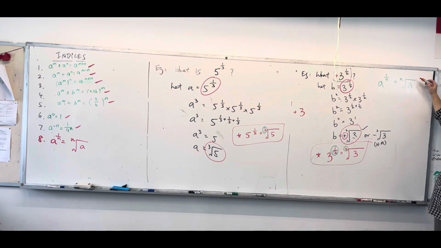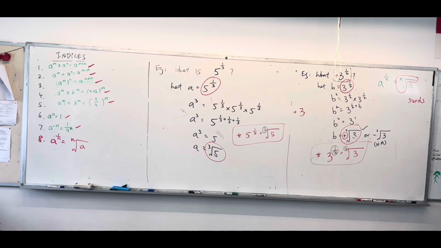Okay, girls. I just taught this to the A Max girls. What is this called for A Max girls? Surds. Okay, as long as you have this symbol, this is called surds. In A Maths, sometimes you call it surds.